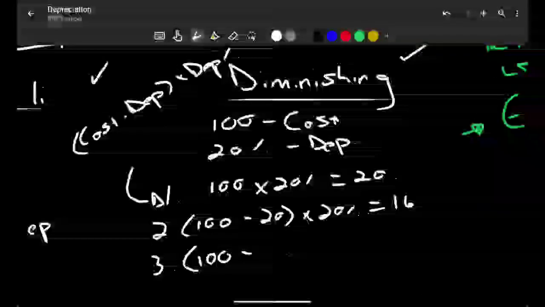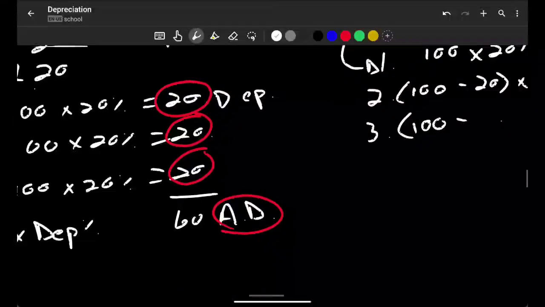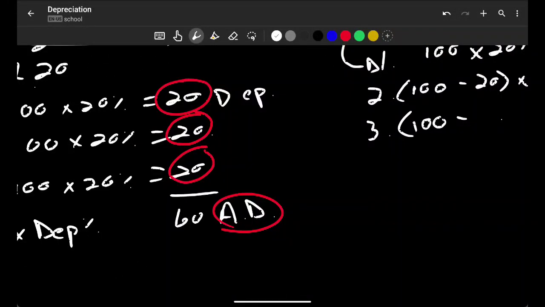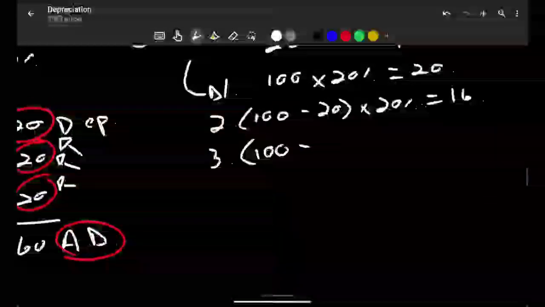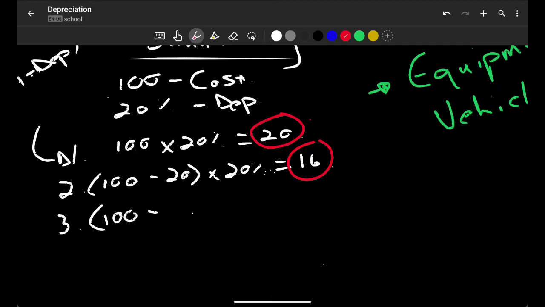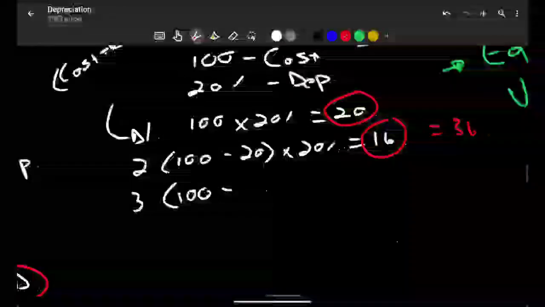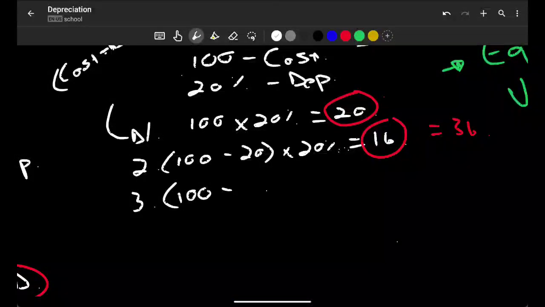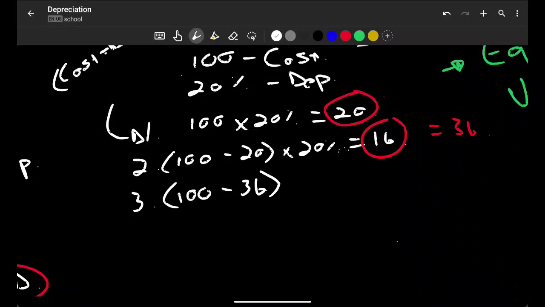Year 3 will be then, remember, cost minus your accumulated depreciation. Remember we said accumulated depreciation is you adding all the years together. So here we have year 1 and year 2. So we're going to say minus 20 plus 16 will give us 36. So it's going to be 100 minus 36 times 20%.